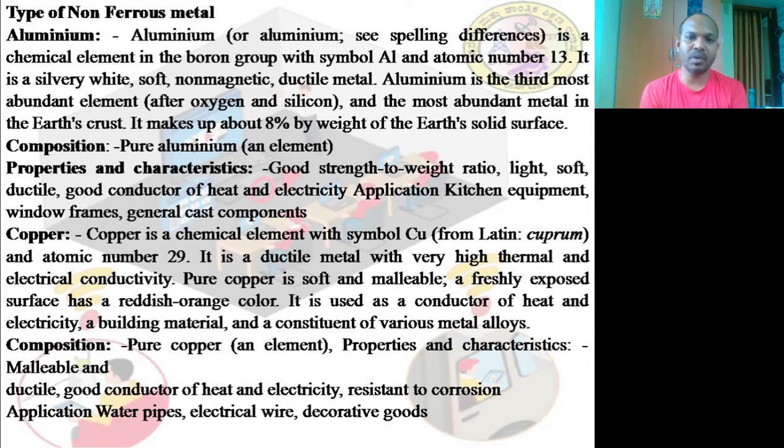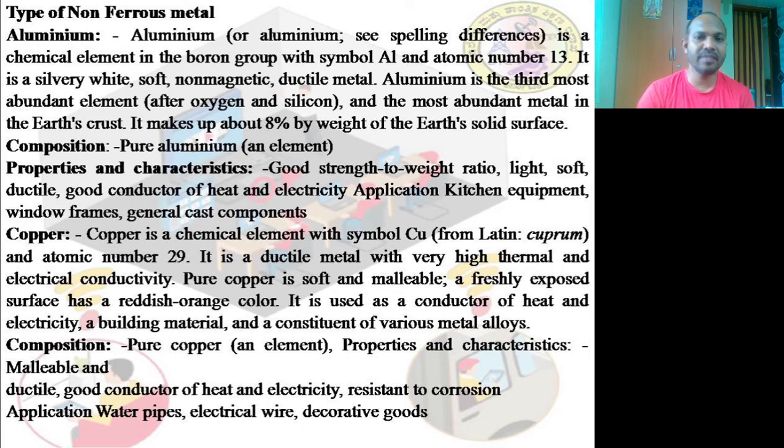Composition: pure aluminum as an element. Properties and characteristics: even in aluminum we have alloys, for example aluminum 6061, 8081, 8085, 6063; all different types of aluminum alloys exist. But we are just talking about the base element aluminum.